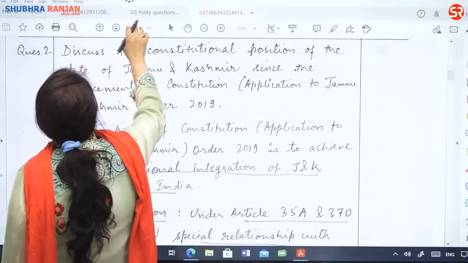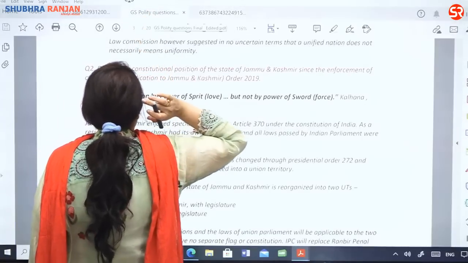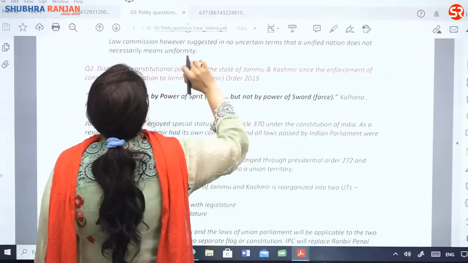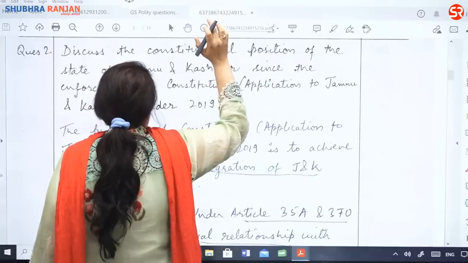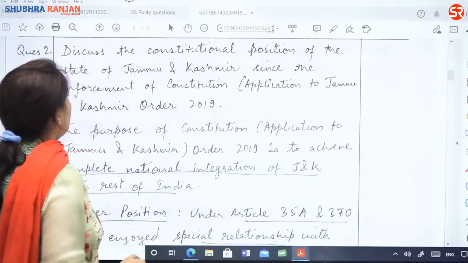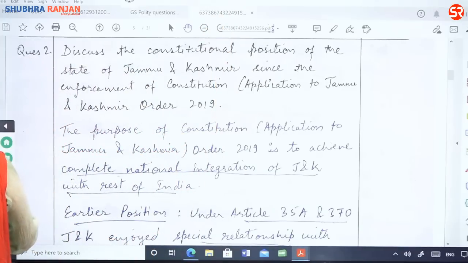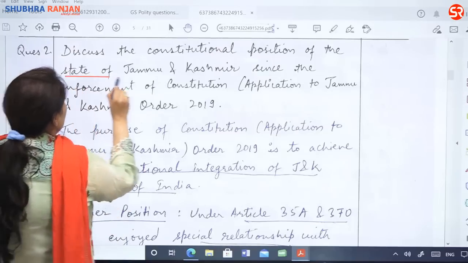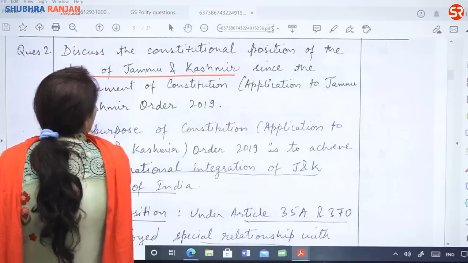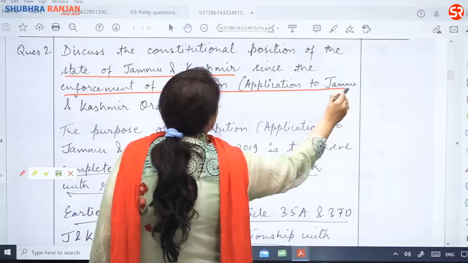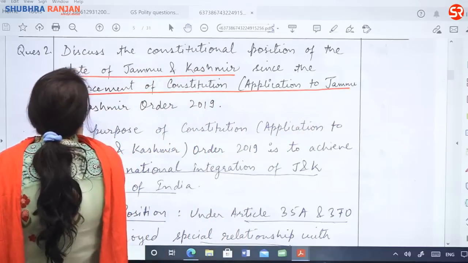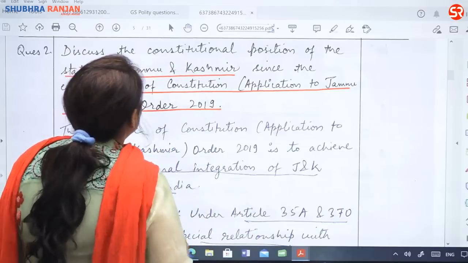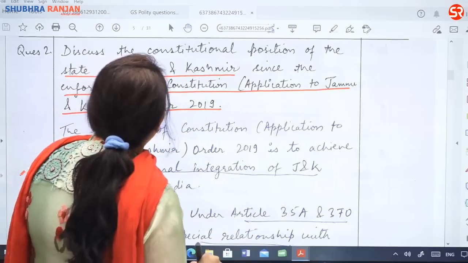Let me see the exact question. Since the enforcement of the constitution order. Fine. So discuss the constitutional position of the state of Jammu and Kashmir since the enforcement of the Constitution Application to Jammu and Kashmir Order, 2019. So what are the expectations?